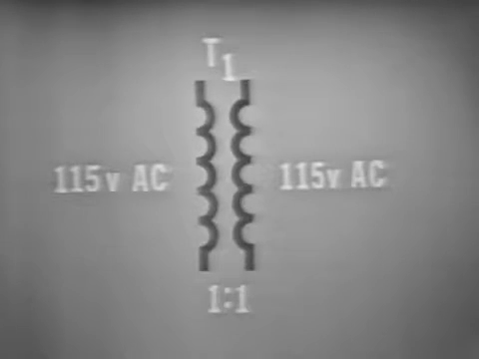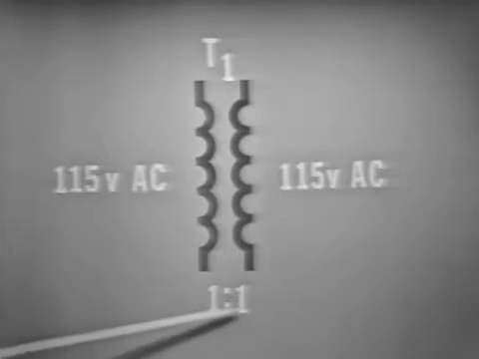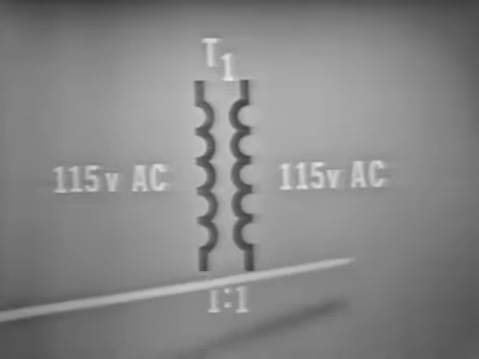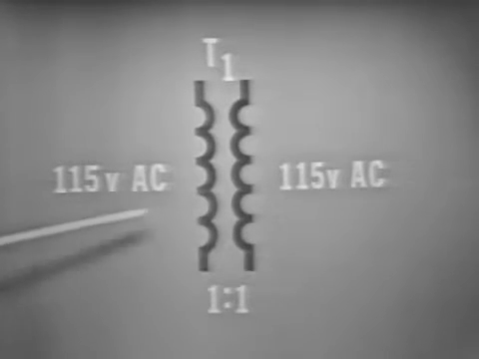Now there are a couple of points to remember when calculating the secondary voltage. First, is there a step-up or step-down ratio between the primary and secondary windings of the transformer? Now here we see a 1-to-1 ratio, which means that the secondary voltage is exactly the same as the primary or input voltage.